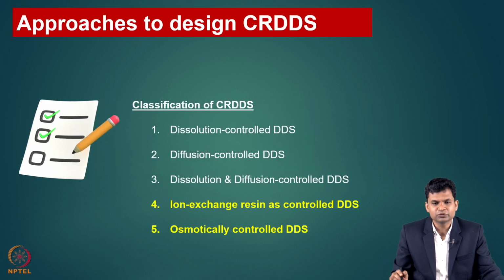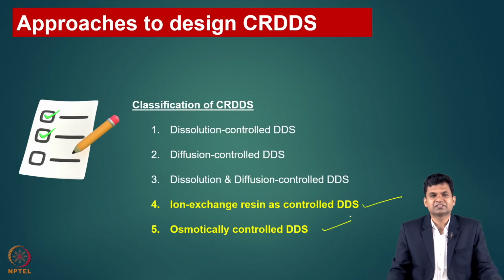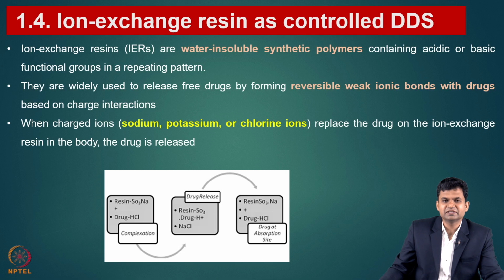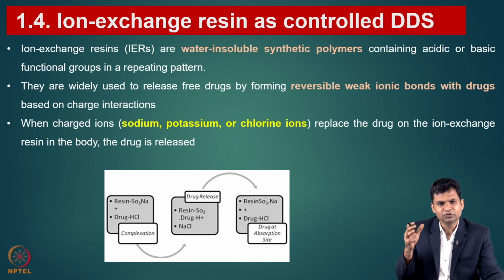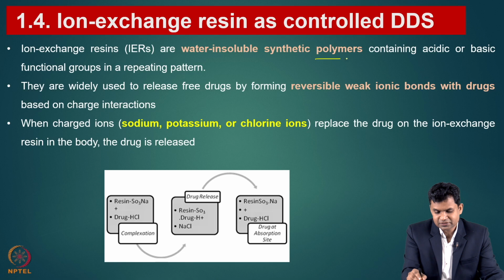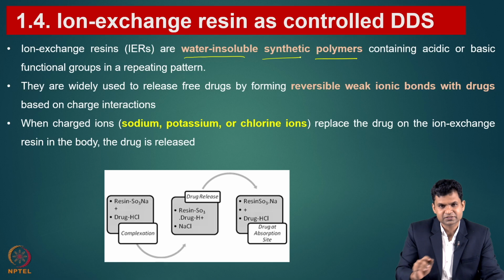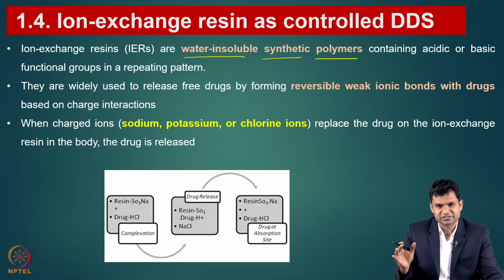So, today I am going to discuss two topics: ion exchange resin as a controlled drug delivery system, and then osmotically controlled drug delivery systems. Coming to the topic of ion exchange resin as a controlled drug delivery system, we know that these are water insoluble, synthetic polymers, and these properties are very important during the selection of the resins.